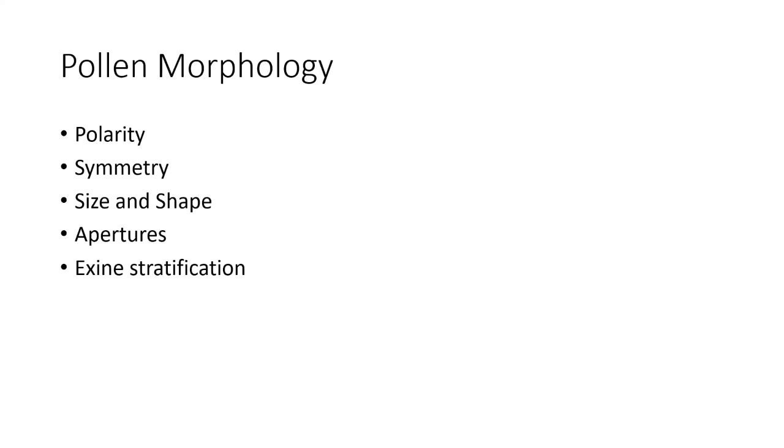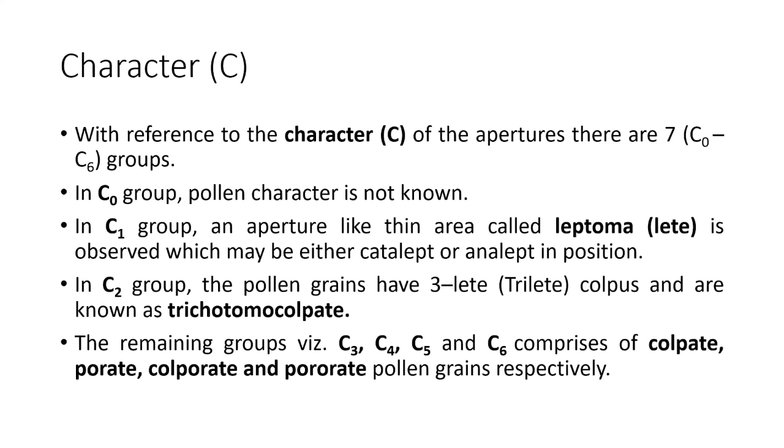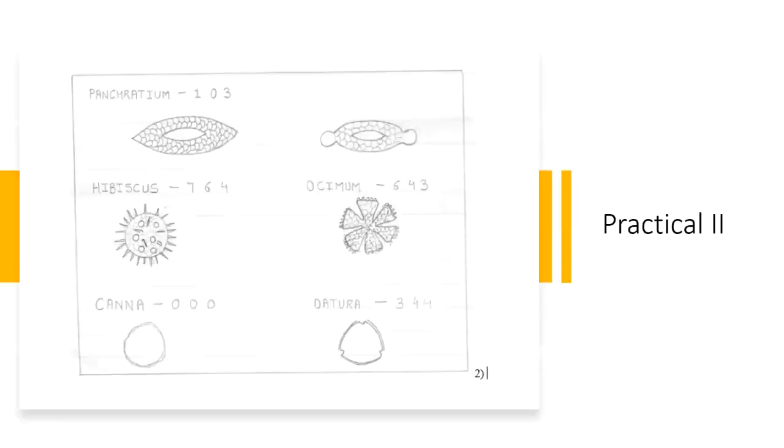Outline of the polar view of different bilateral symmetric pollen grains has to be considered, and I'll just check if it is available. Yeah, these are some of the images, diagrams from your practicals only.